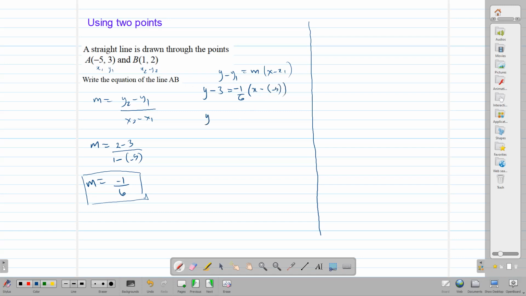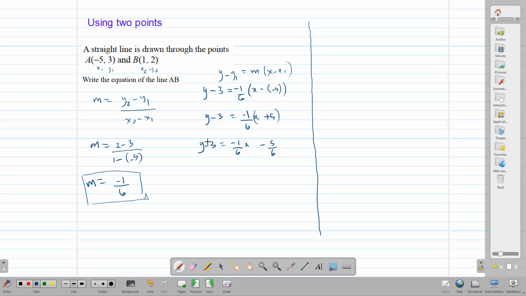So we have y - 3 = -1/6 (x + 5). Let's simplify that first. This minus minus gives you a plus. So we can remove our bracket now. y - 3 = -1/6 times x, and -1/6 times 5 would give us -5/6.